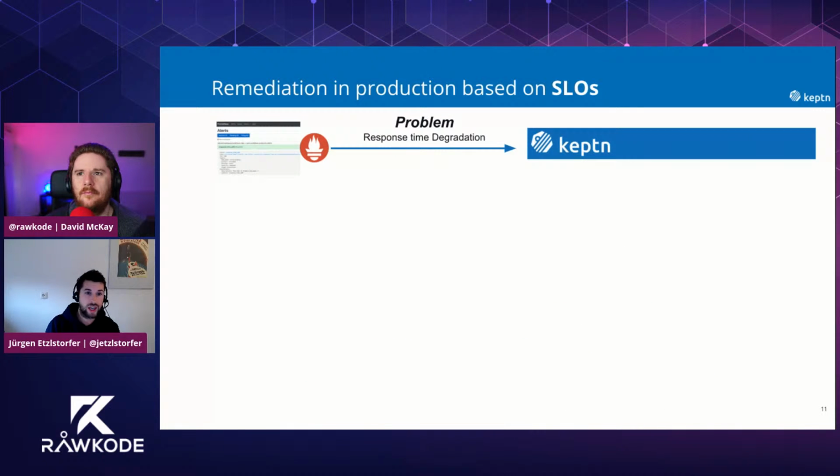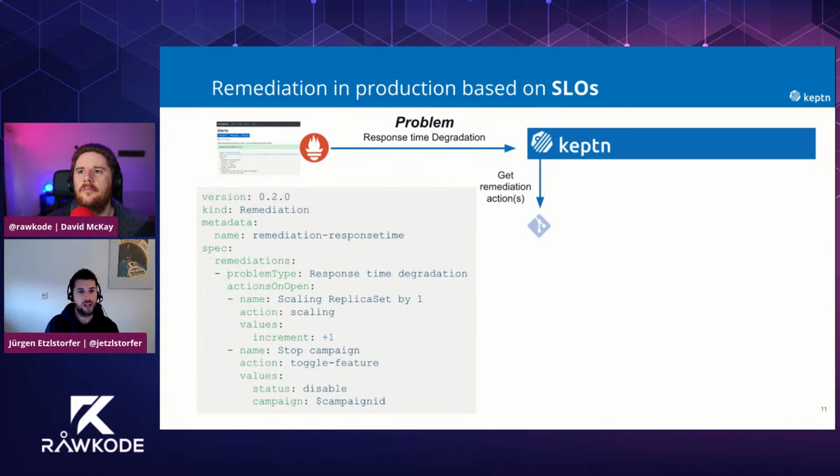So, for example, we have one demo application where we send an alert via the Prometheus alert manager, and in the remediation file, we define two different remediations for one specific problem, and the problem in this case is a response time degradation. That's the name of the problem. This will map to the alert of Prometheus. So these two will match, and we will then have a number of actions.